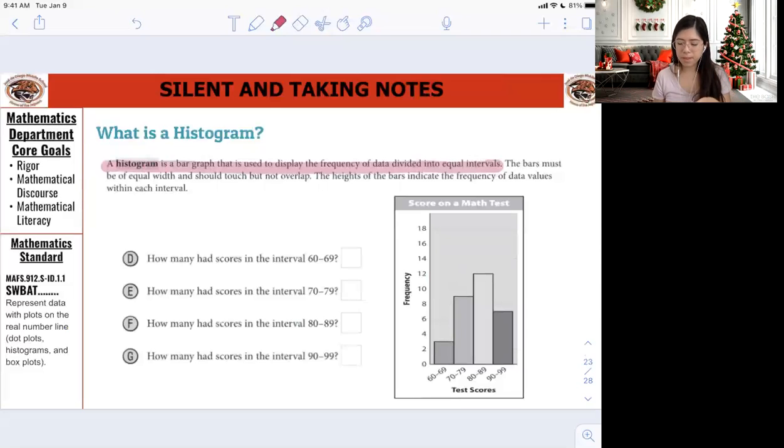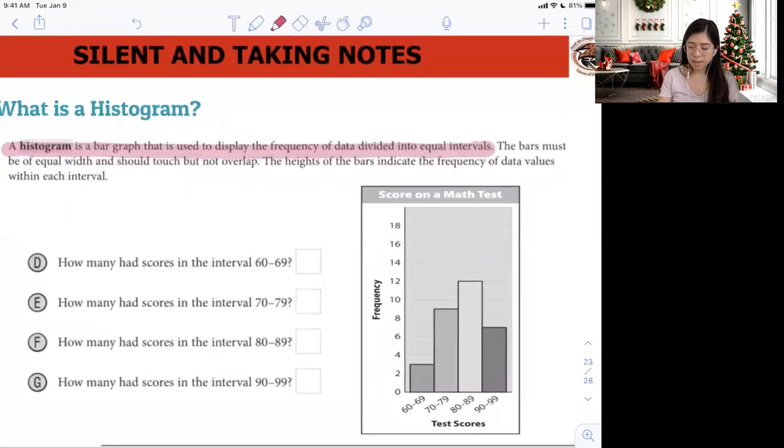All right, so we have this example here. It looks like they measured the scores of different students on a math test. So this is how we read a histogram. First of all, take a look at the x-axis. The x-axis is the test scores. And basically, we treat those test scores like buckets. It's measuring how many students had a test score between 60 and 69, how many between 70 and 79, 80 and 89, 90 and 99.